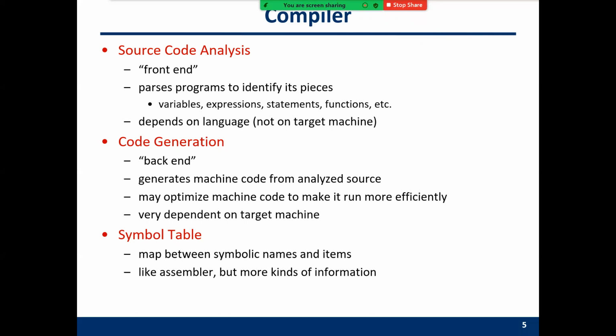In this code generation stage, the compiler needs to know the details of your machine. Because in this stage, the compiler translates the C language into the assembly language and the machine language of your machine. If your machine supports multiplication, then the compiler can directly use that binary instruction.